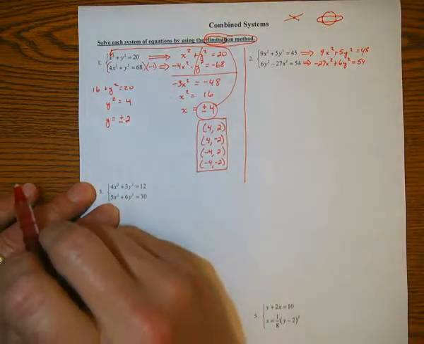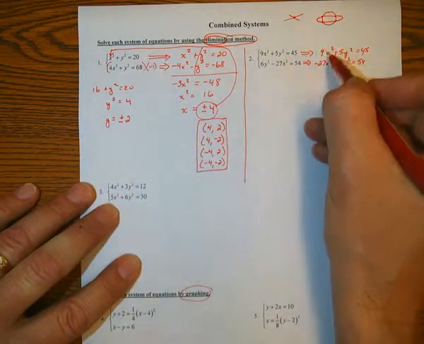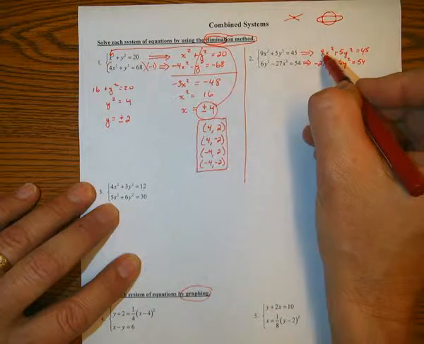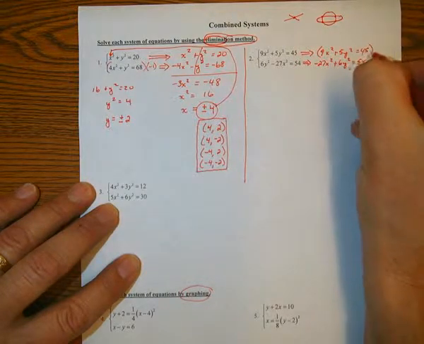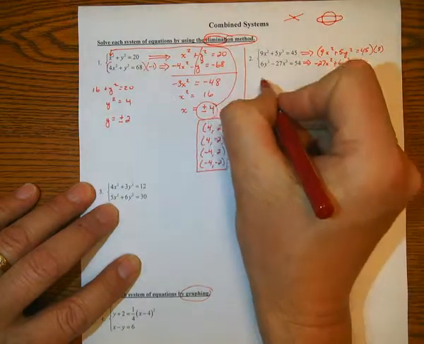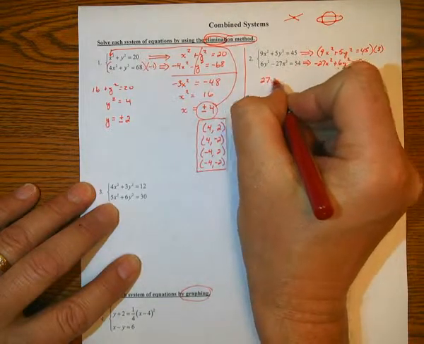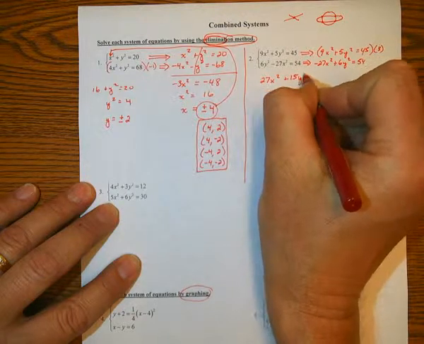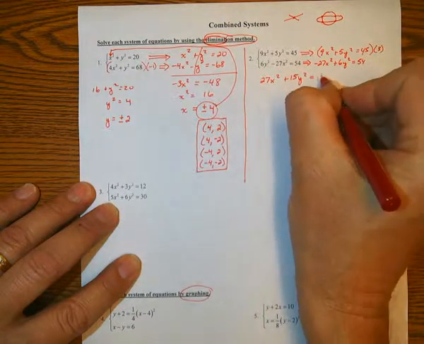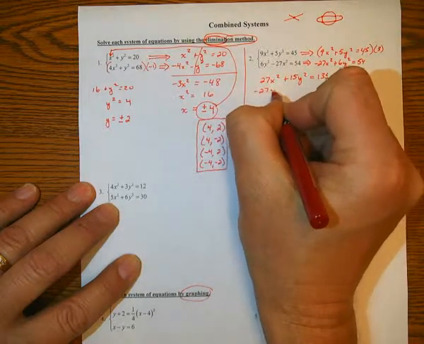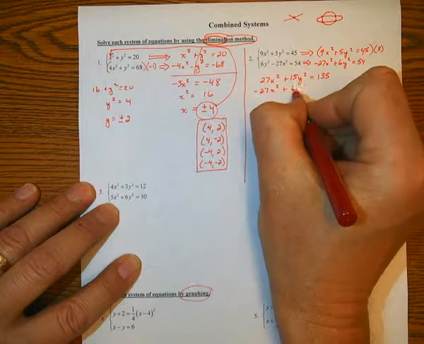The variable that would be easiest to cancel would be our x squareds. We can do that by multiplying this equation by a positive 3. When you do that, you get 27x squared plus 15y squared equals 135. The bottom equation, we're not doing anything to it.